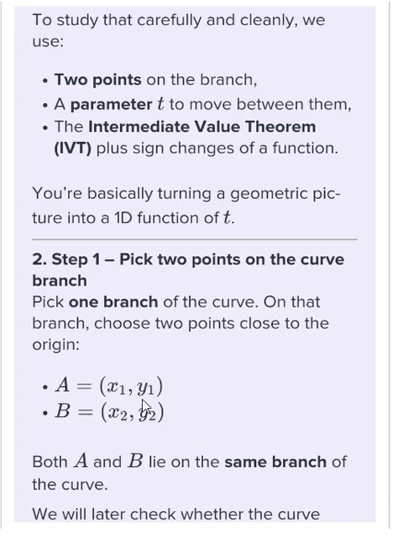Whatever ax1 plus by1 and ax2 plus by2 are, they are both greater than 0 or both less than 0. But suppose ax1 plus by1 is less than 0 and ax2 plus by2 is greater than 0.